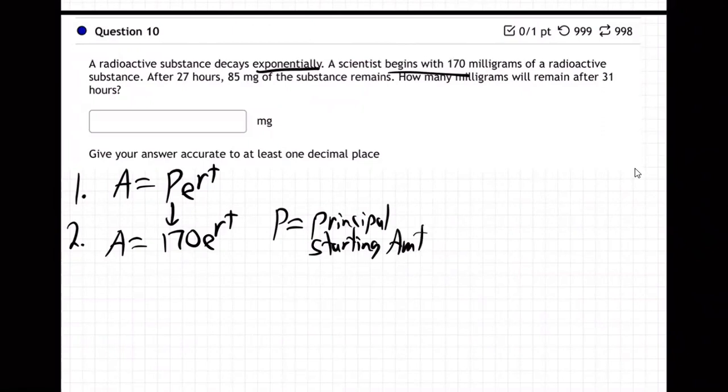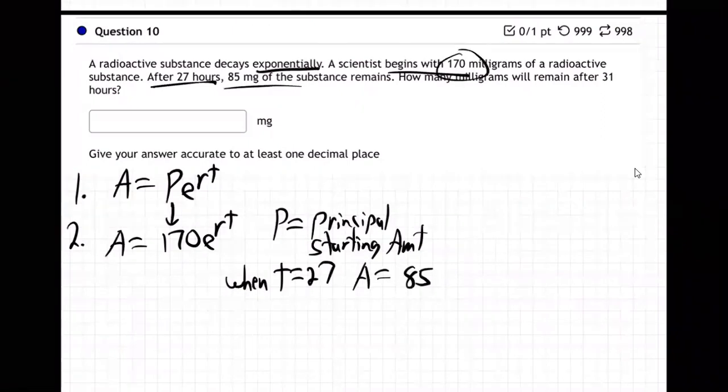Okay, and then after 27 hours, so when t is 27, the amount has become 85, right? It goes down. It started at 170, but it's decaying. It's going down and down. It's going away into the atmosphere. So this radioactive substance is kind of dissipating into the atmosphere, which is perhaps a little scary.